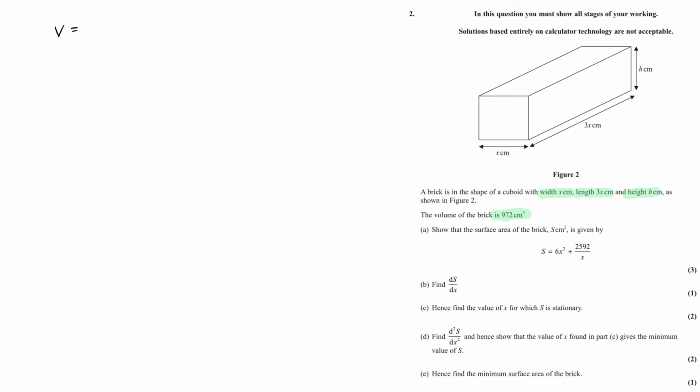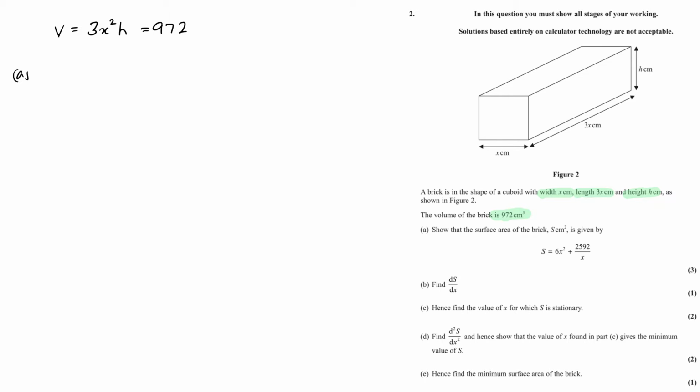Length times width times height. So we get 3x squared h, and that equals 972. So we've got a little bit of information there. Anyway, I've just put that up there for now.